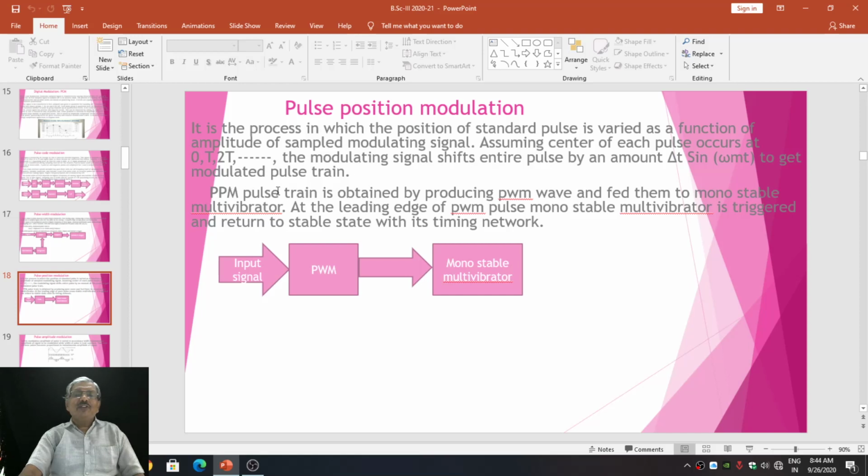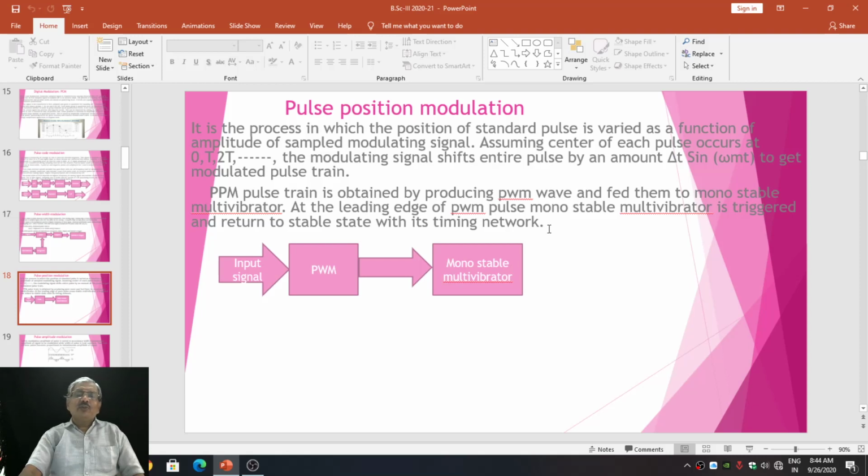Pulse position modulation train is obtained by producing a pulse width modulation wave, and then feeding this wave to the monostable multivibrator. At the leading edge of the pulse width modulated pulse, the monostable multivibrator is triggered and returns to the stable state with its timing network.